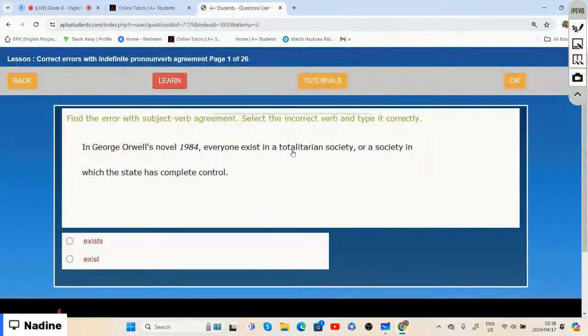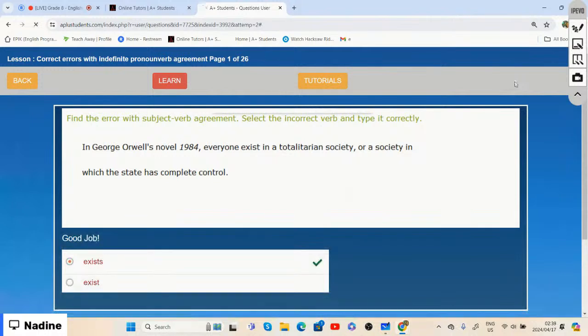In George Orwell's novel 1984, everyone, all right, so we can say, exists in a totalitarian society.